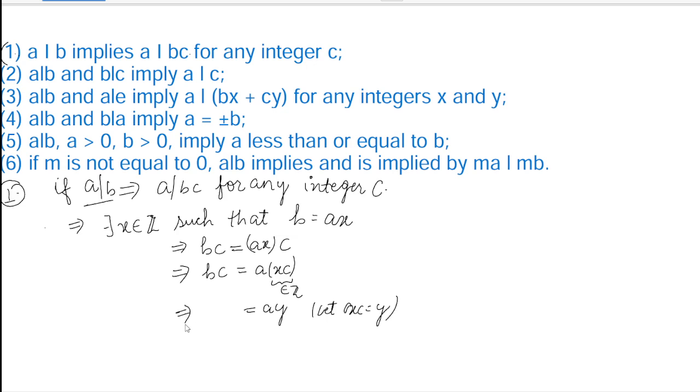This implies bc is equal to ay. By the definition of divisibility, a divides bc for any integer, since we take any arbitrary integer c. Now the first part has been proved.